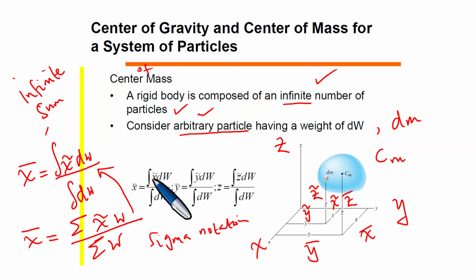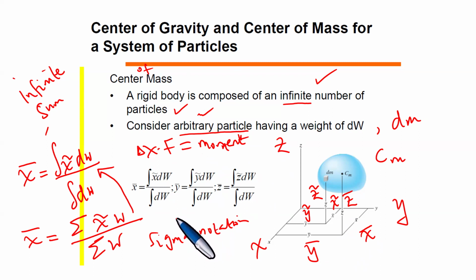If you take force and multiply it by displacement, what you get is what you call the moment of that particle. We do this for the moments about the y-axis, the z-axis, and so on.